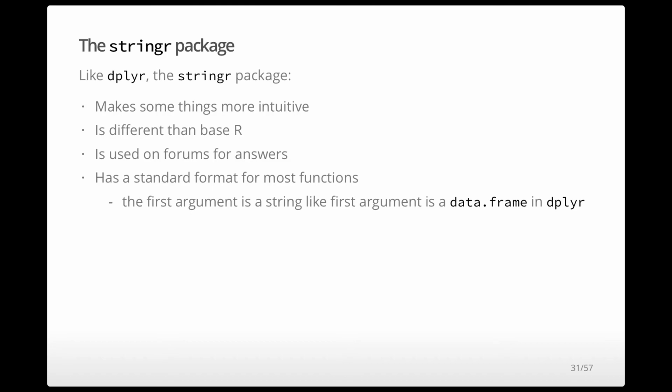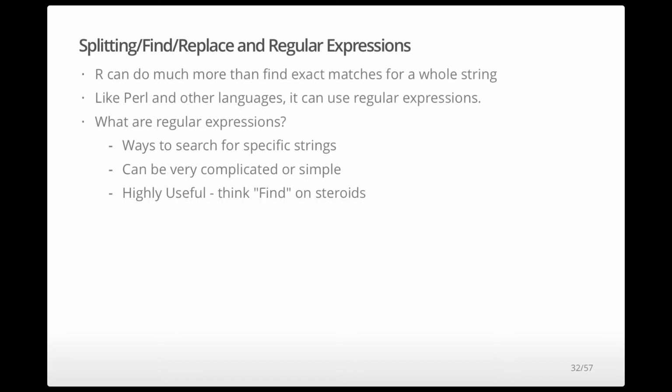So remember filter, all that kind of stuff. The first argument was the data set, so you take the data set and pipe it in. With stringr, you take the string and pipe it into the stringr functions. That's not the case for the base functions. The only reason, in some respects, I still use the base functions is because I've been using them for about 7 years, and once you figure out a way to do something, it's really hard to change.